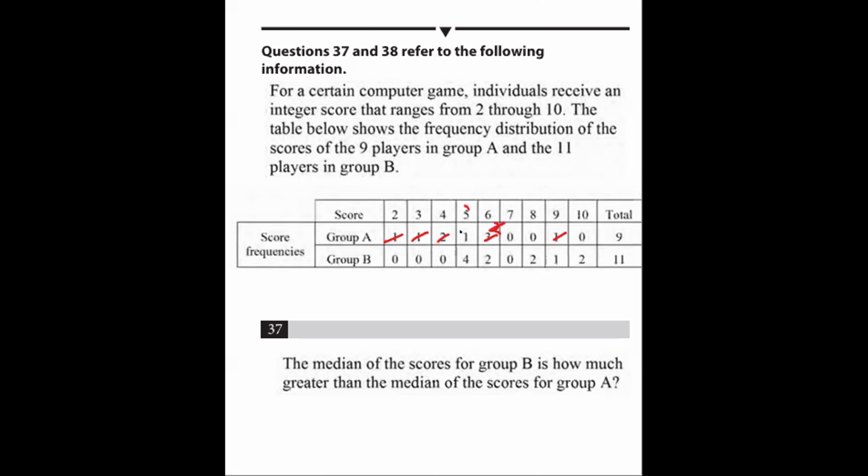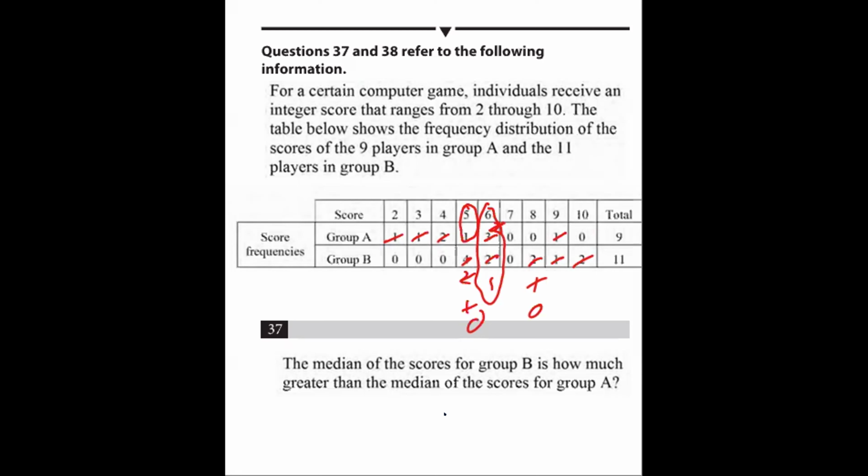So the median score here would be 5, and for group B, this becomes 2, and this got crossed out. This becomes 1, this got crossed out. This would become 0, and this would become 1. This will become 1, this will become 0. So the median for this would be 6.